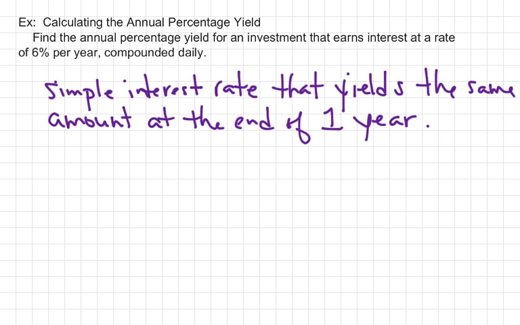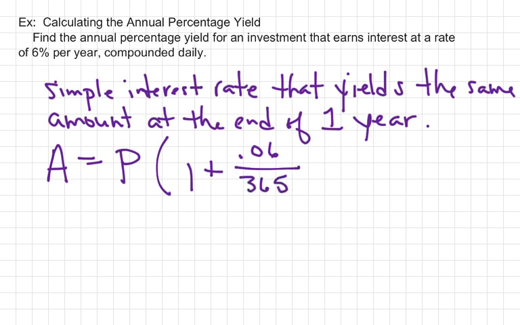So this is what we're going to do. We're going to start with our formula. The amount of money we're going to have after a certain amount of time is equal to the principal, which I don't know what that is, but that's okay. 1 plus the interest rate, 6% is 0.06, divided by 365, because we're compounding daily, raised to the 365 times 1, because we want to only do this for 1 year.